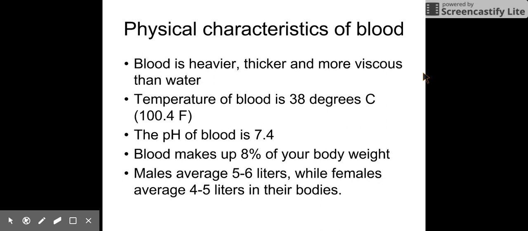But obviously, people who are heavier are going to have slightly more in actual volume. And so we have the averages here on our last bullet. Males average about 5 to 6 liters, whereas females 4 to 5. Again, it's all depending on your body. Like I said, if you have a larger body, you're obviously going to be on the higher end of that scale.